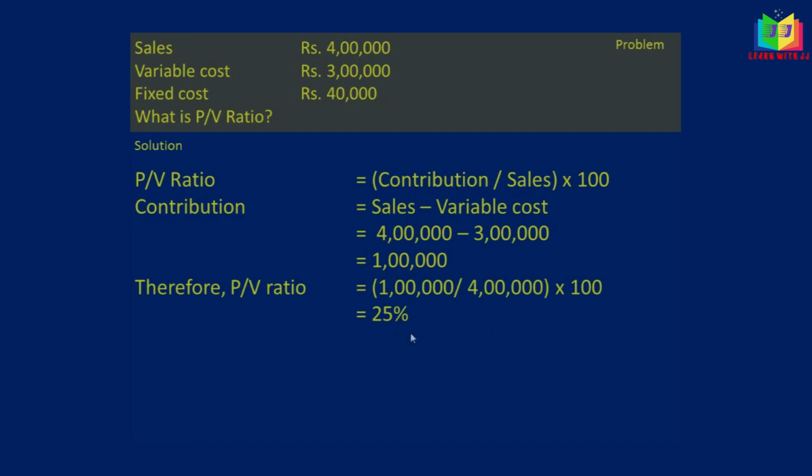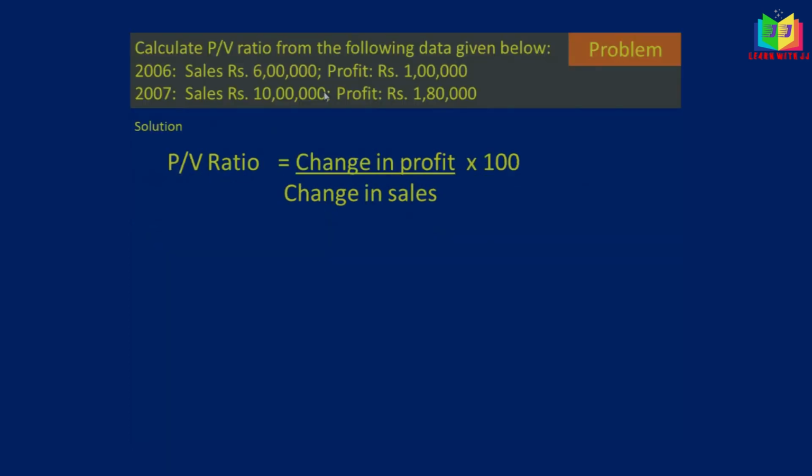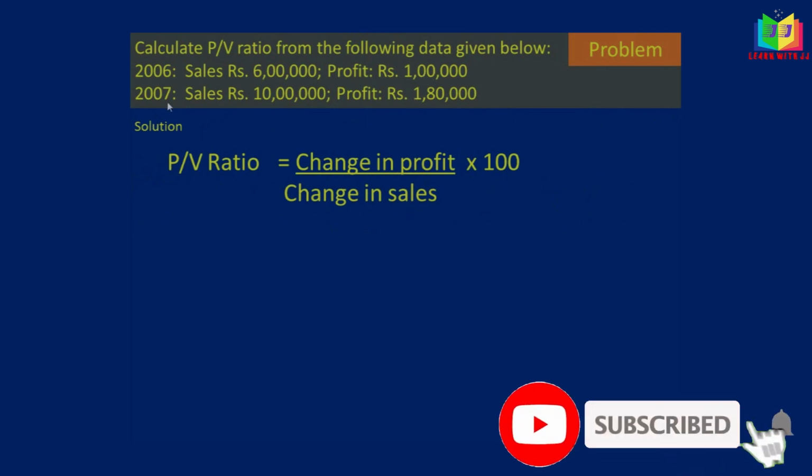Okay. And one more problem we'll see. Calculate PV ratio from the following data given below. See here. Sales for 2 periods and profit for 2 periods was given. We have to calculate the PV ratio for this. For this the formula is change in profit divided by change in sales. Change in profit here: in 2006, the profit is 1 lakh and in 2007, the profit is 1,80,000.